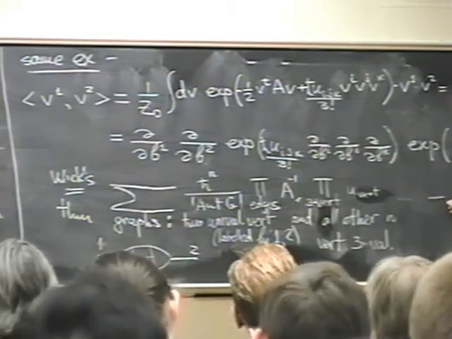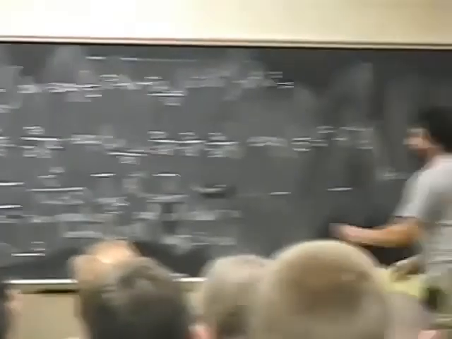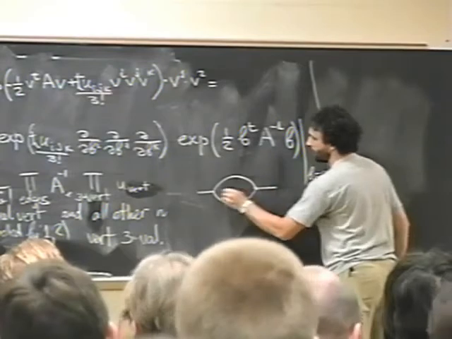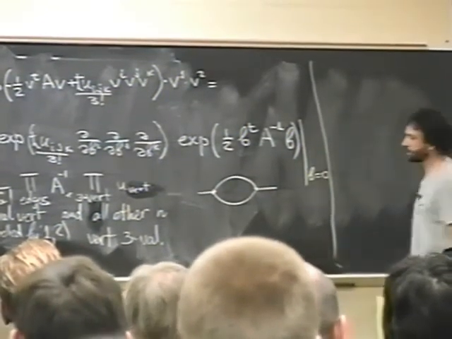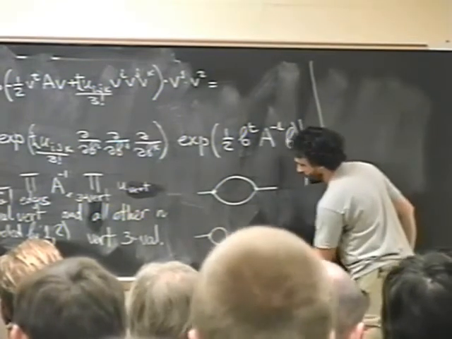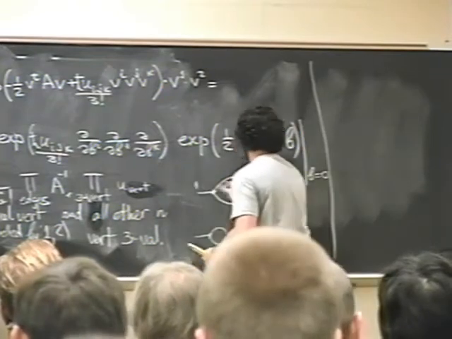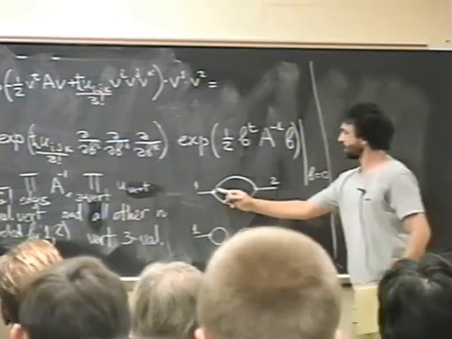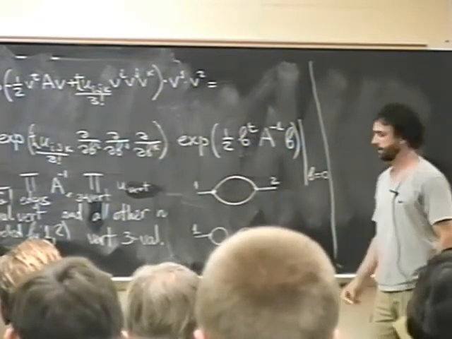Well, my graphs always have these two univalent vertices, and in addition they should have two trivalent vertices. In particular, I have, say, this graph. These vertices are labeled by 1 and 2. The rest is labeled somehow, and I sum over all labelings.